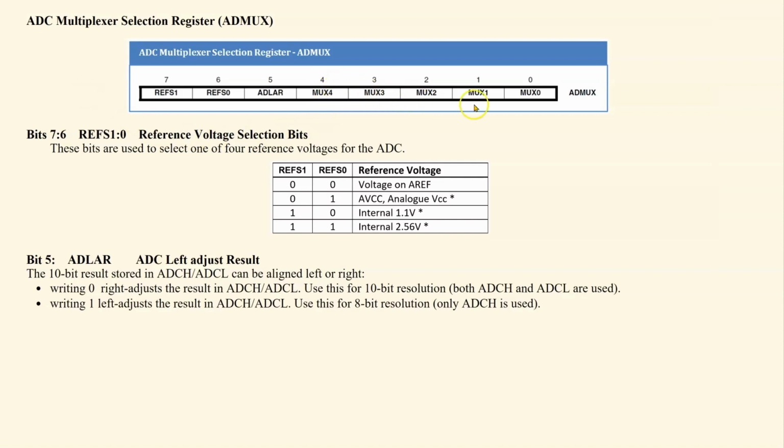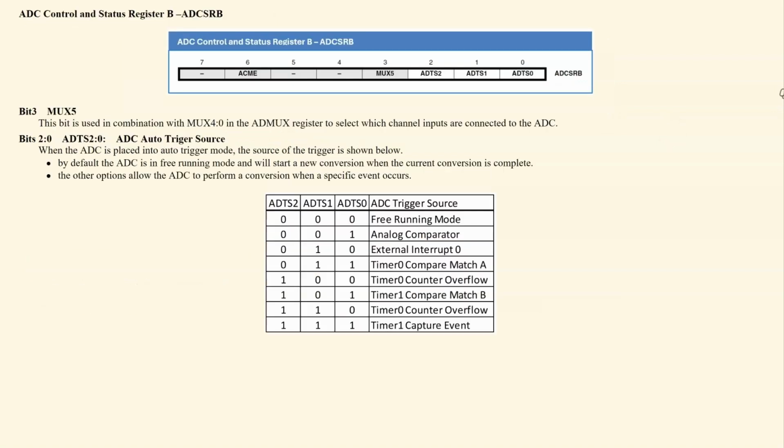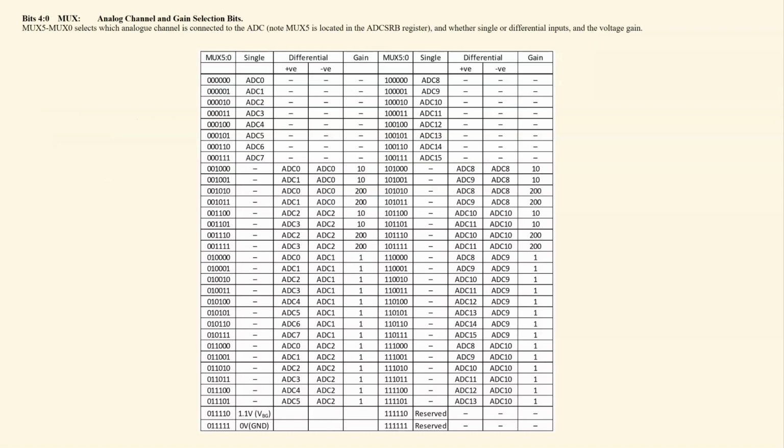Bits 4 to bit 0 are the MUX 4 to MUX 0 bits, and if we go back to the ADCSRB, we can see bit 3 is the MUX 5 bit. These bits are used to select the input to the analog converter. We can see here the table of MUX 5 to 0, and we can see all the combinations down on this table.